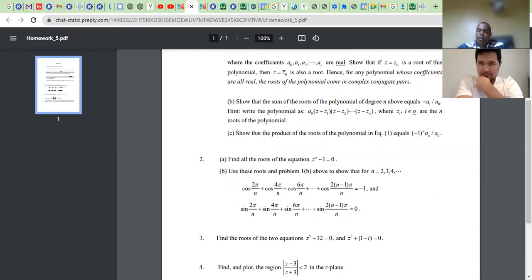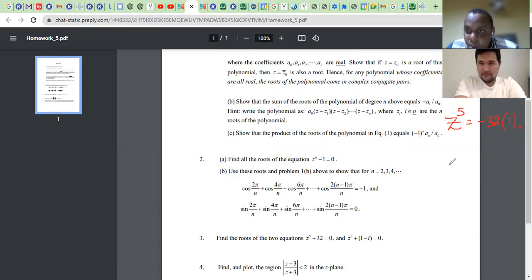So this is z to the power of 5 equals -32 multiplied by 1, right?